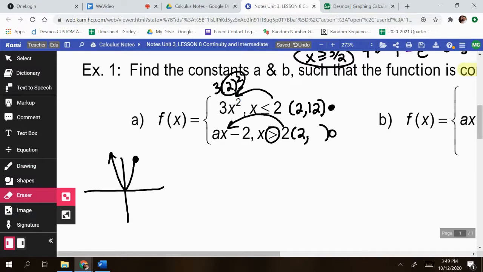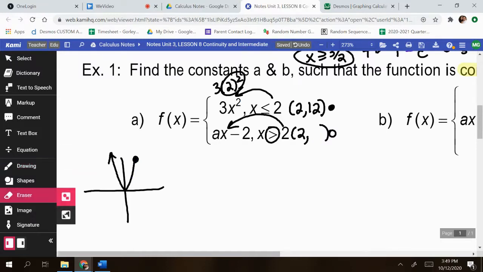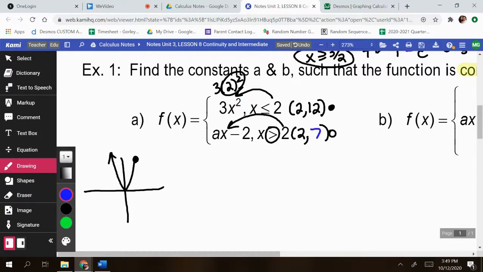So let me ask you a question. Would this function be continuous if we had an open dot at the point (2, 0.25)? Well, that would be some dot like this down here. See how there would be a gap in the graph? Would the function be continuous if there was an open dot at (2, 7)? Well, it's a little bit higher, but see, it's still a gap in the graph.